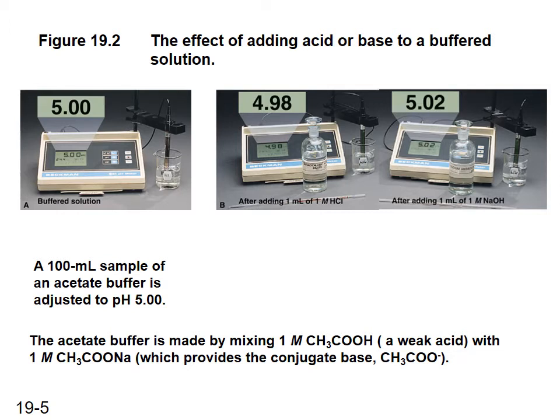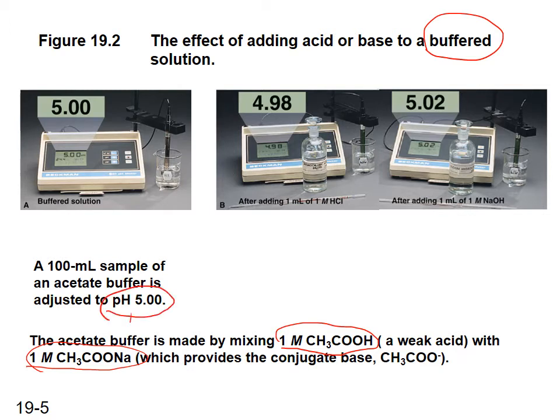This diagram shows the effect of adding acid or base to a buffered solution. We make a buffer solution by mixing 1 molar of a weak acid, acetic acid, with 1 molar of its conjugate base, sodium acetate. The pH of this buffer solution is 5.